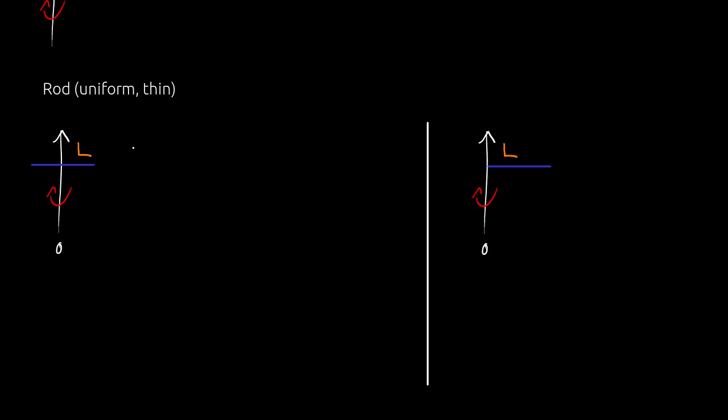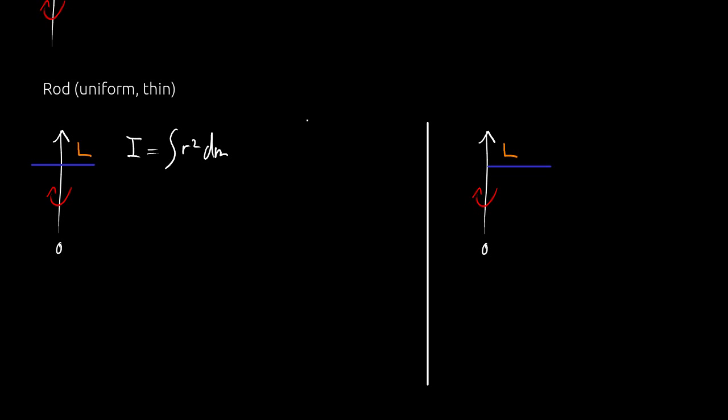We calculate it as follows. I equals the integral over r squared dm, and I'm not always going to write r perpendicular; little r is always r perpendicular in this case. What is dm?